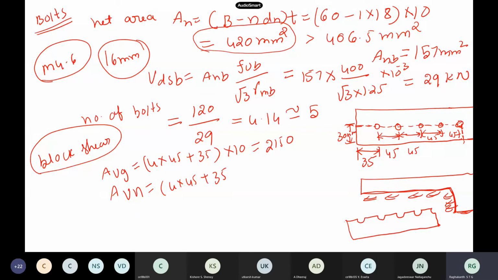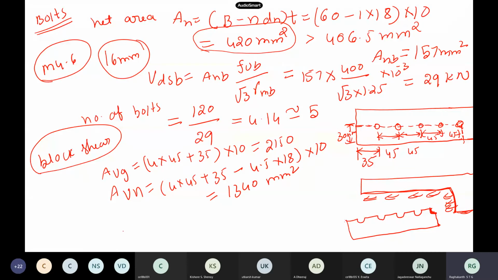So you have to see 1/2, 2, 3, 4 thing will be there. Then here you have another, you followed it. This small piece comes into picture. So this turns out to be somewhere around 4.5. Okay, so minus 4.5 times the 18 multiplied by 10. So this 0.5 comes due to this one. Okay, so this turns out to be say 1340 mm square. So this is the area.